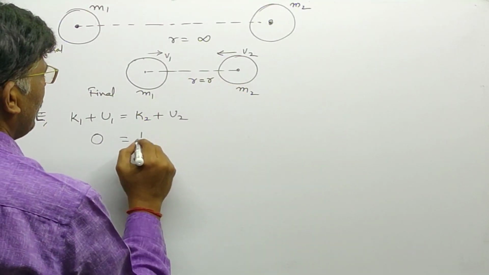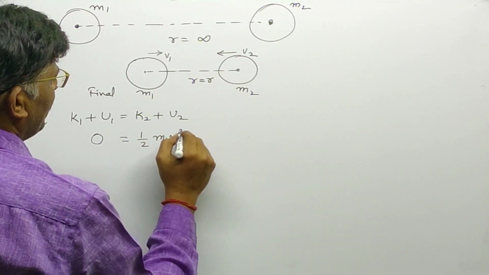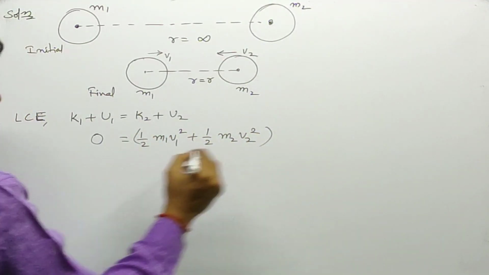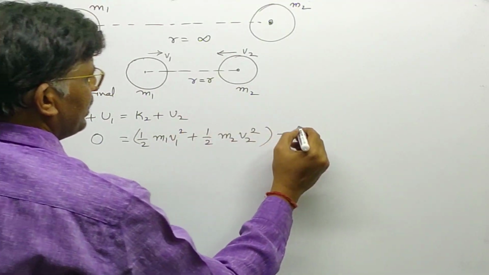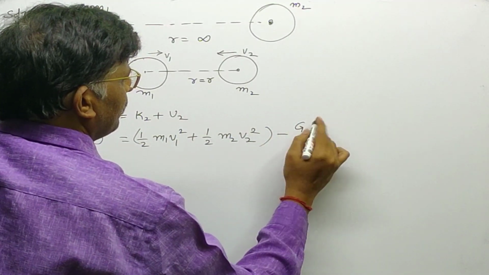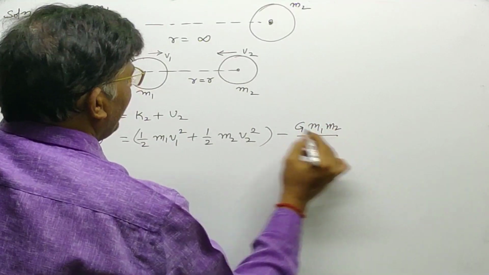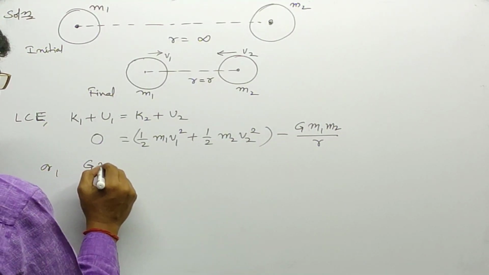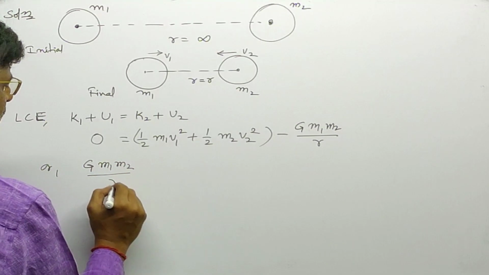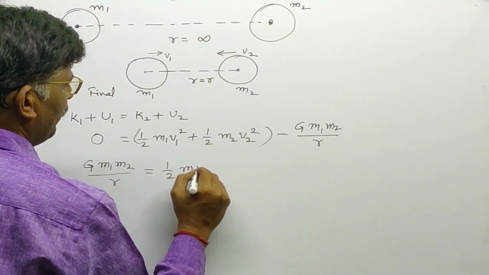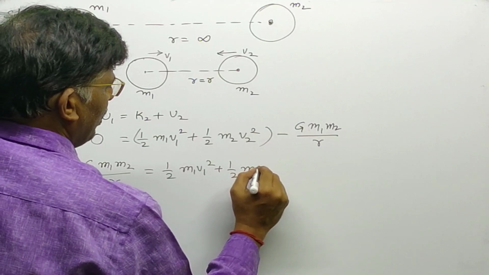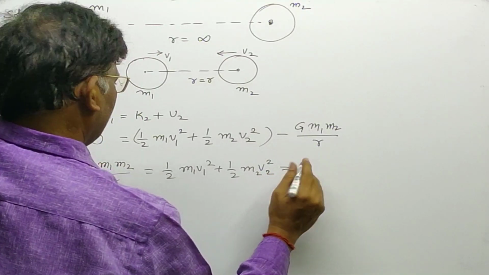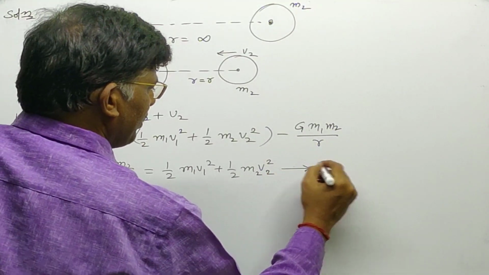Finally, K2 is equal to half M1 V1 square plus half M2 V2 square, the kinetic energy of both, plus potential energy, which is equal to G M1 M2 divided by small r. So G M1 M2 divided by small r is equal to half M1 V1 square plus half M2 V2 square. Let us assume that this is equation number 1.